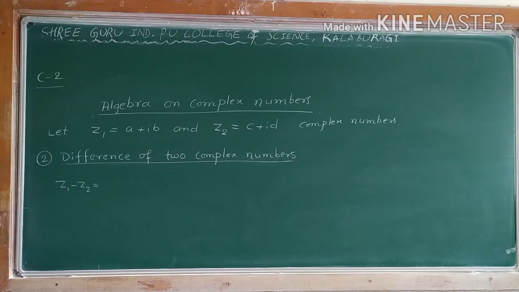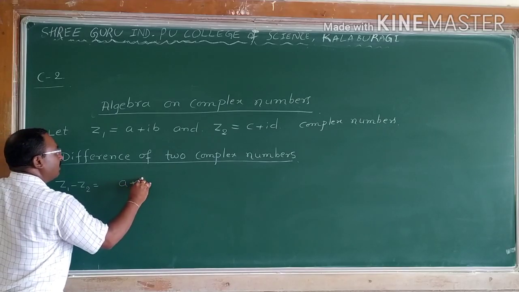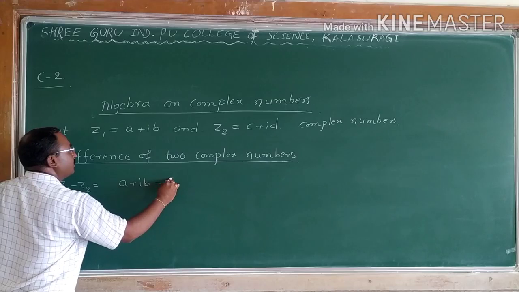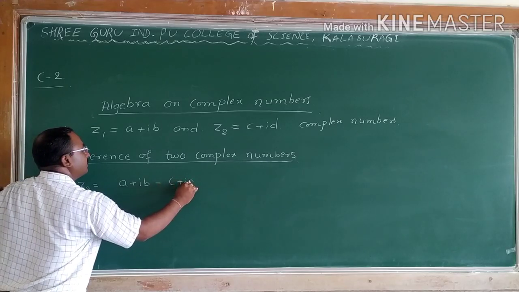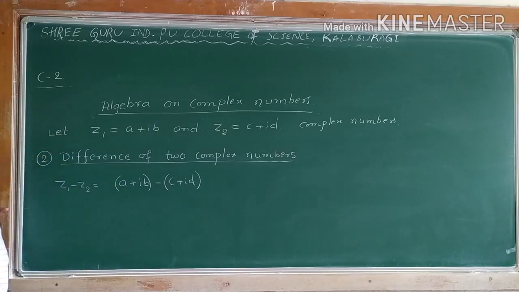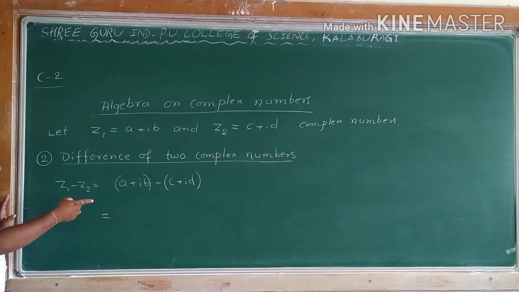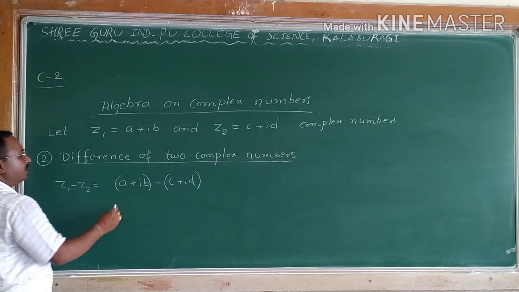Z1 minus Z2, a plus ib minus c plus id. Difference: here separate for the real part, separate for the imaginary part.